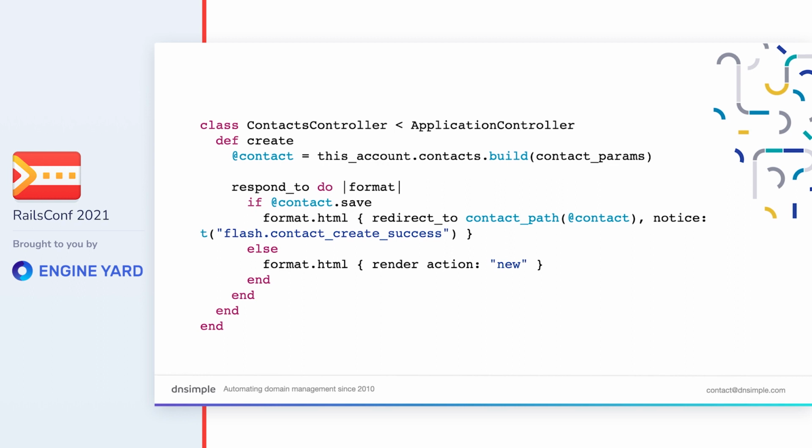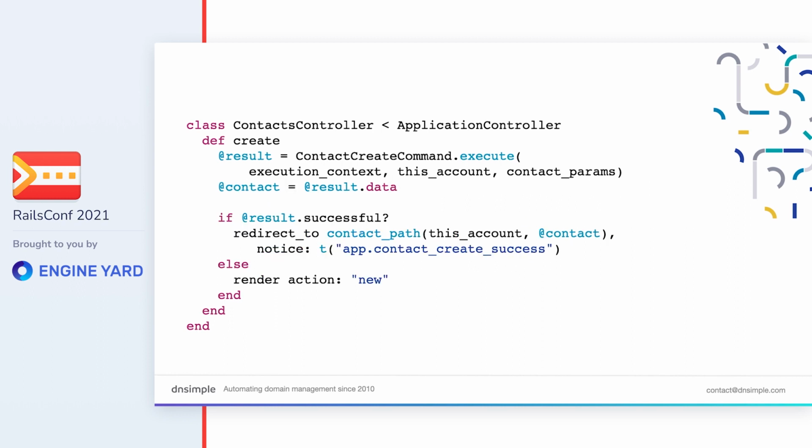Before, we would build the contact inside of the controller directly, and then inside of the respond to we would save the contact, and if that failed, we'd do one thing, and if it didn't fail, we'd do something else. Now it looks more like this: we call the command and we get back a result, and the result always has a data field. We can determine if that result is successful, which is also a common part of the interface, then we can take one action, and if it is unsuccessful, we can take a different action.